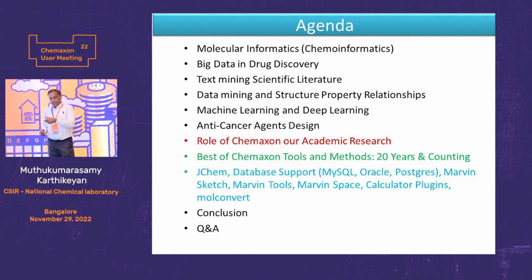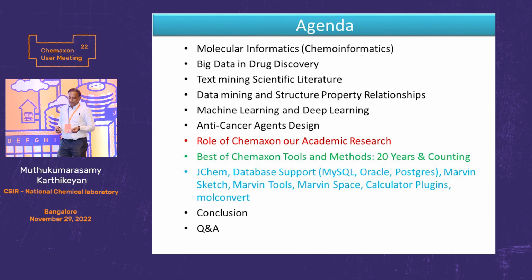In the end, I will show that two years back we got huge funding from the Government of India to design anti-cancer agents using AI. I will just touch upon what we did, because COVID delayed the publication and the release of the open source tools.